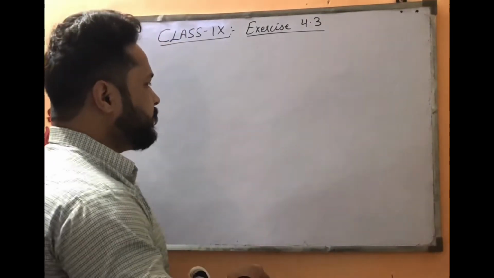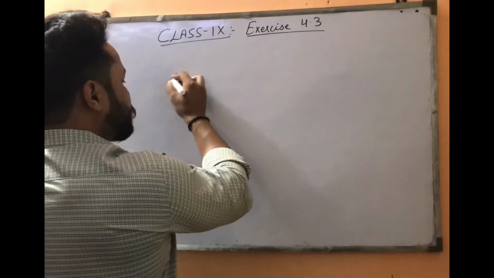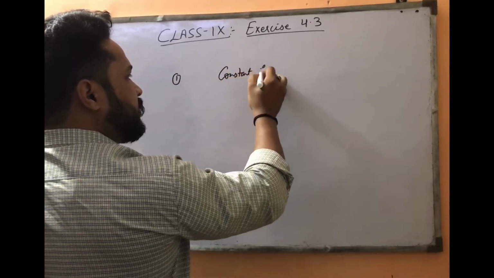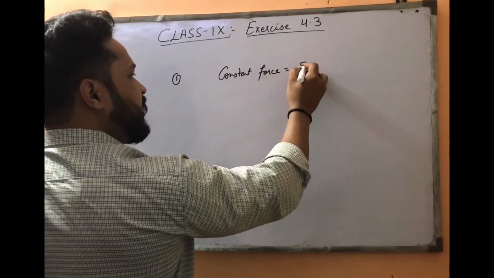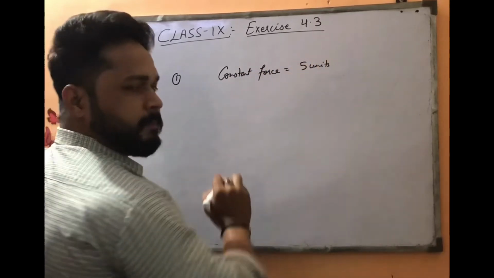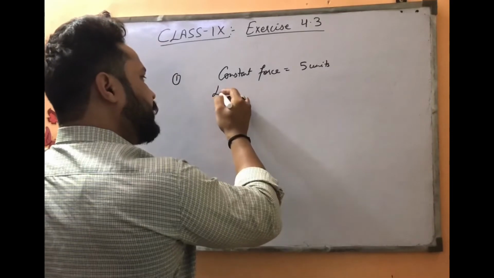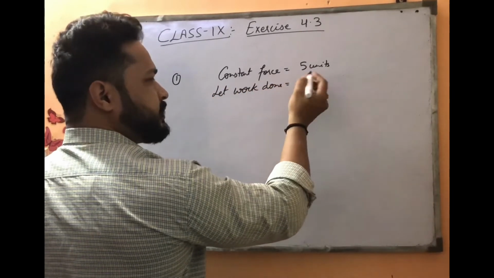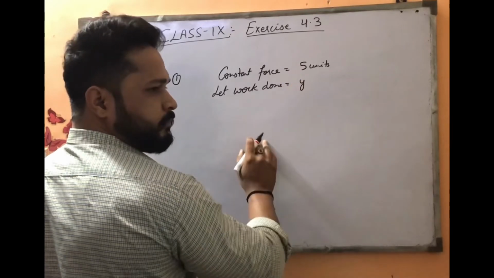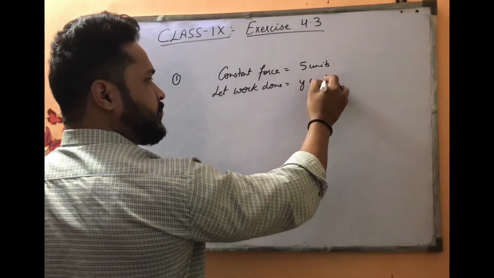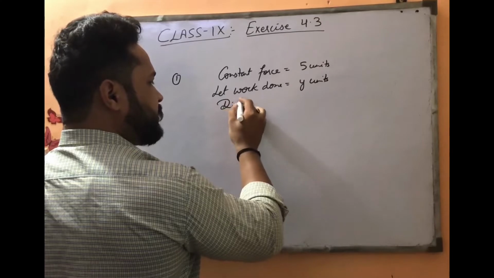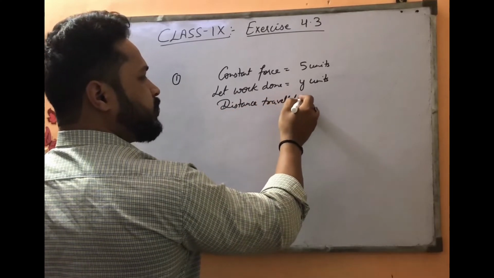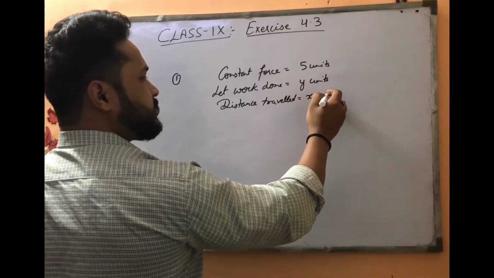Okay, so look here. The first thing is, he said the constant force is 5 units. Okay, it is given. Let the work done by the object be y units and the distance traveled by the object or body be x units.